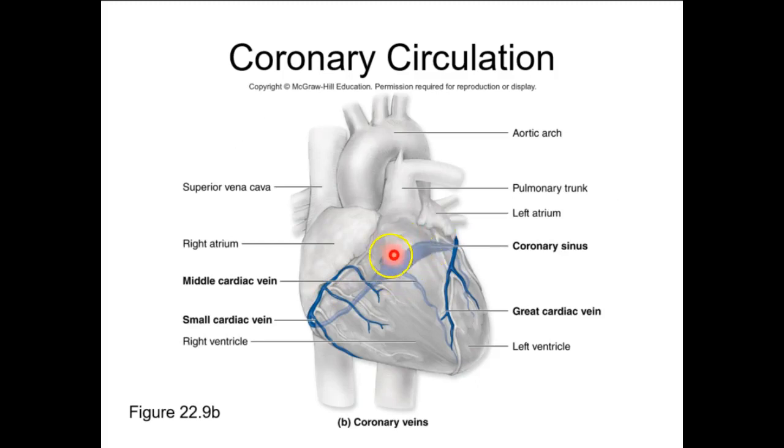Now there's the coronary sinus again. Instead of anterior, posterior, interventricular, this and that, what's our naming convention here? Great, middle, and small. This one on the front is the great, this one on the back is the middle, and this one on the margin is small.